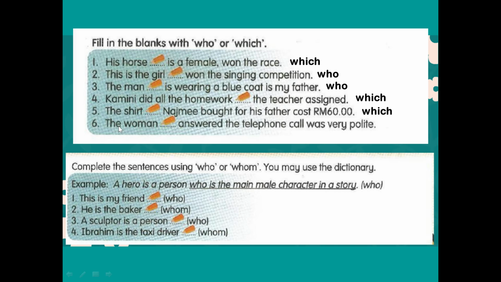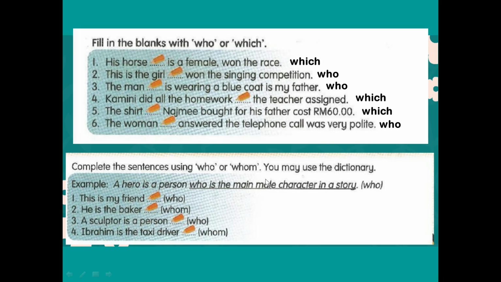And the last one, the woman answered the telephone call was very polite. Well, it is very direct too, the woman, so which is a person, then is obviously who. The woman who answered the telephone was very polite. Okay, let's continue for the next activity, which is below it.